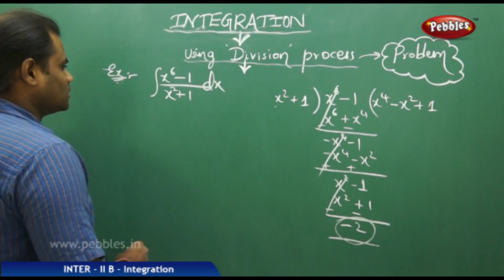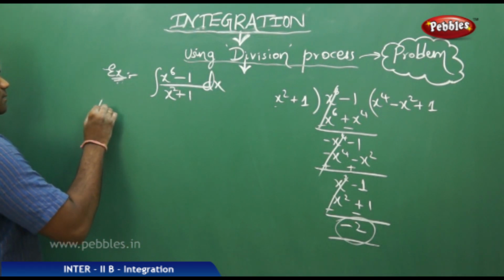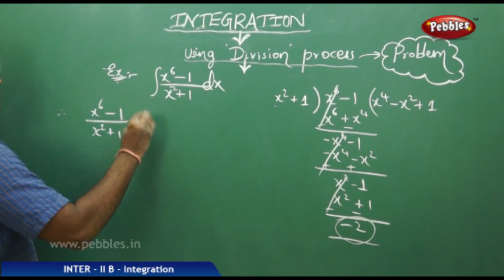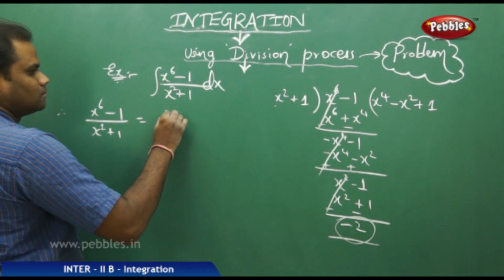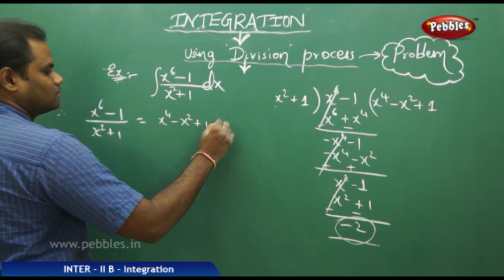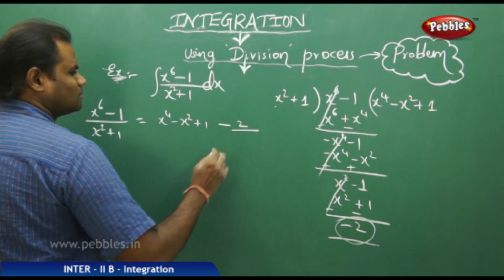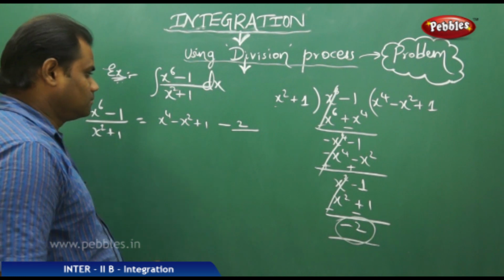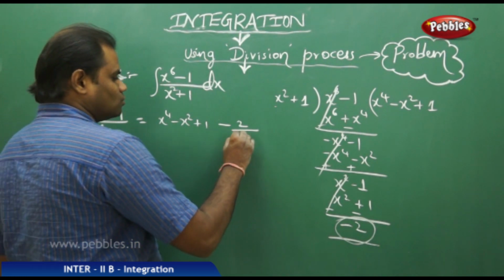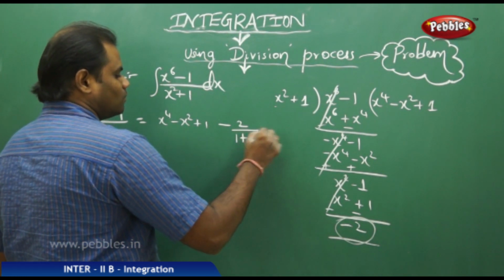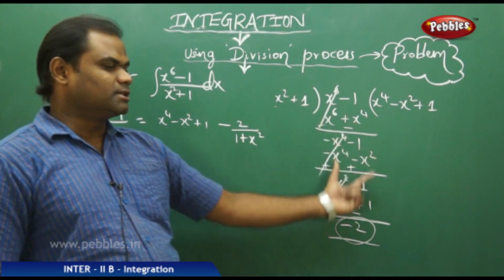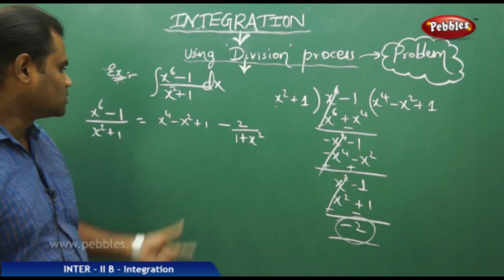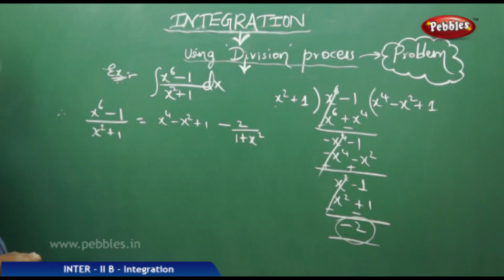Therefore this term can be written as the quotient plus the remainder minus 2 by x squared plus 1. So we get minus 2 by 1 plus x squared. When I split this into the mixed fraction, this plus this divided by this is what I get on simplification.